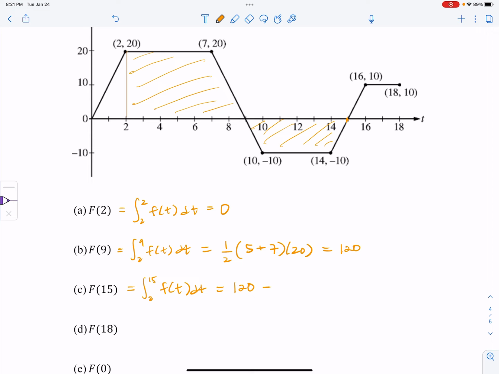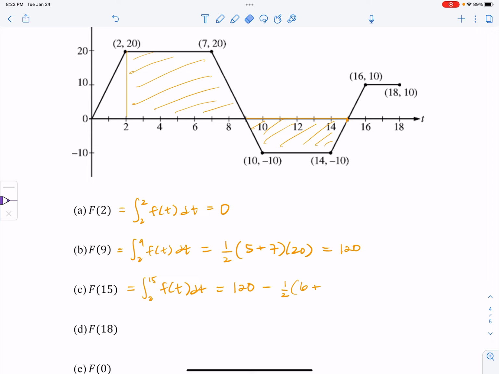So we can use area of a trapezoid again. So 1/2, from here to here is, sorry, 9 to 15. That'll be 6, yep, 6 plus 4.